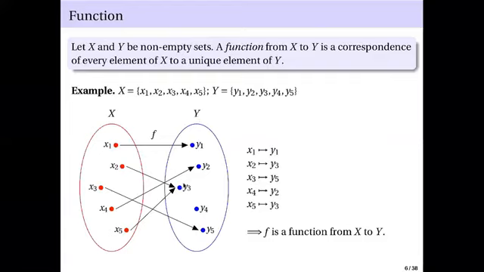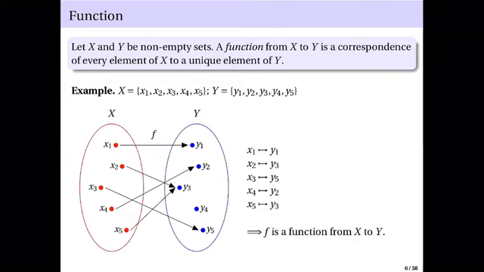If you look at this, notice that y3 has two partners. y3 is being partnered to x2 and y3 is also being partnered to x5. But this doesn't violate any of the conditions. Our condition is that all the elements of x must have a partner, and each element of x must only have one partner.